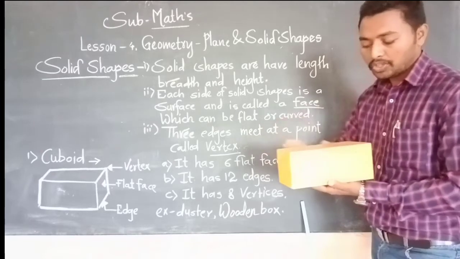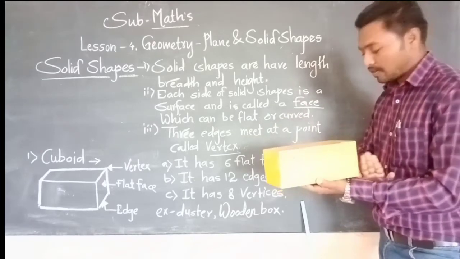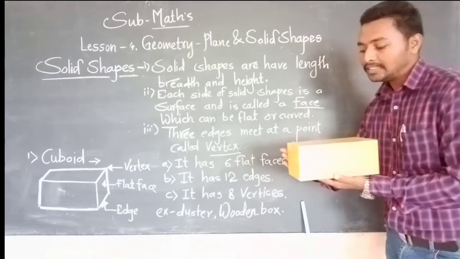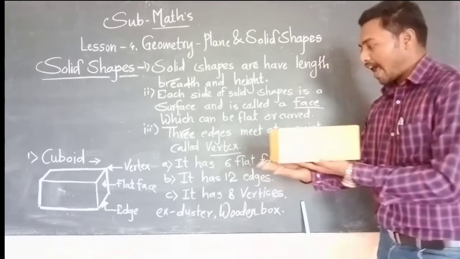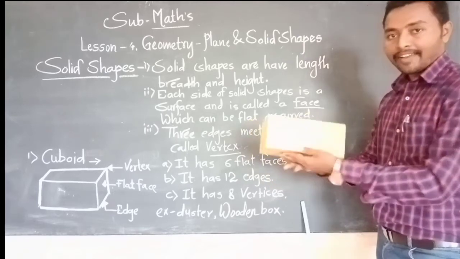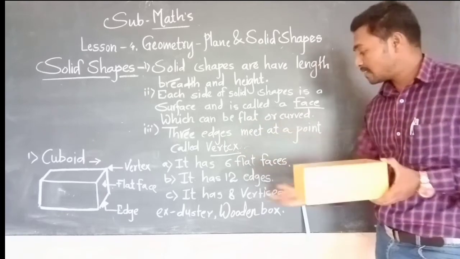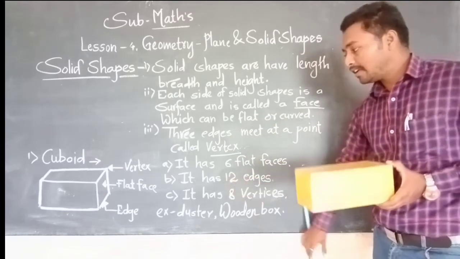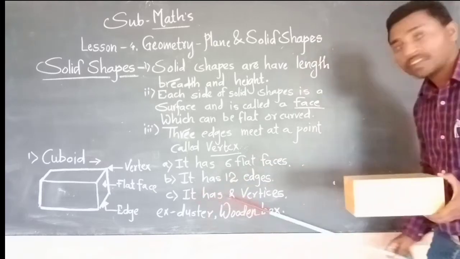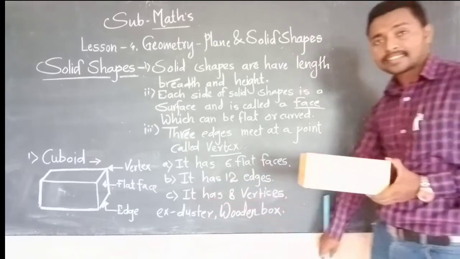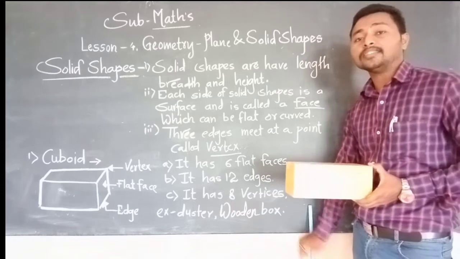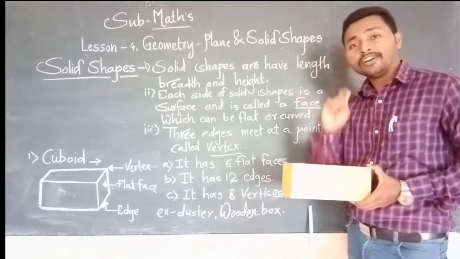1, 2, 3, 4, 5, 6, 7, 8, 9, 10, 11 and the last one, 12. This cuboid has how many edges? 12 edges. It has 8 vertices. Vertices is the plural form of vertex.